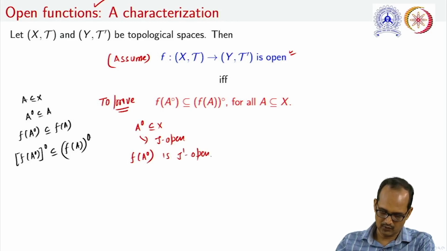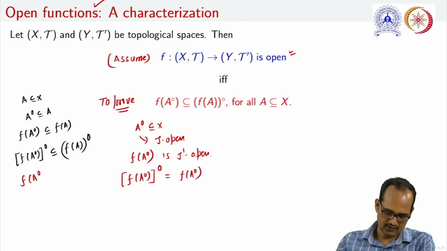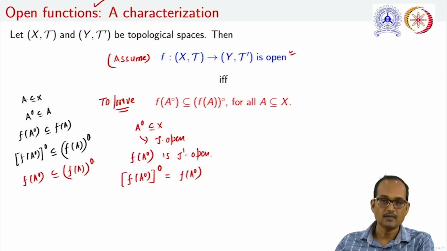And if this is tau' open, we can conclude that interior of f of interior of A is equal to f of interior of A. That is, f of interior of A is a subset of interior of f(A). This is the proof of the first part of this theorem.